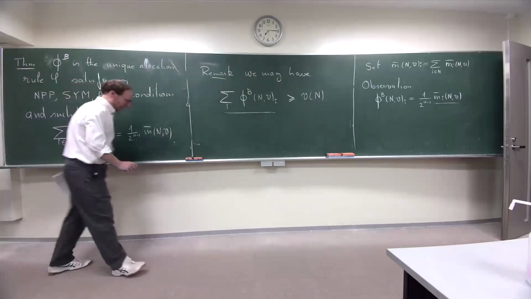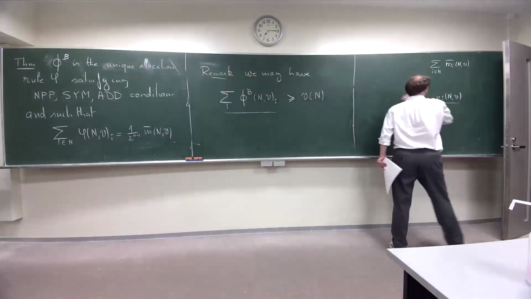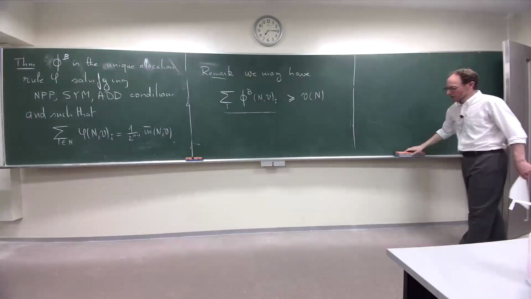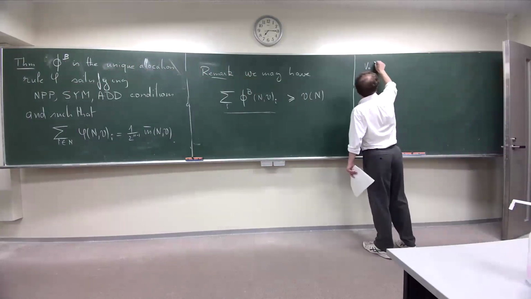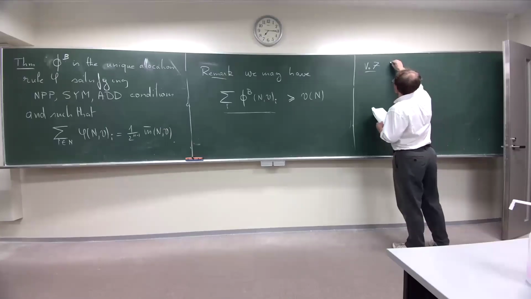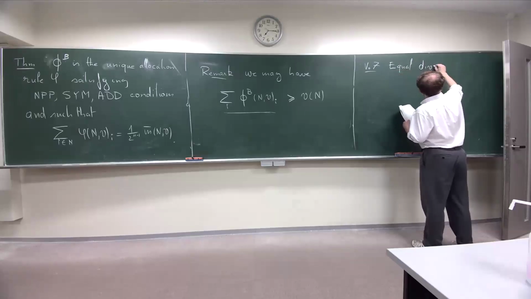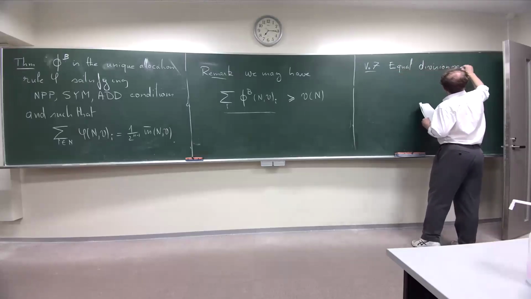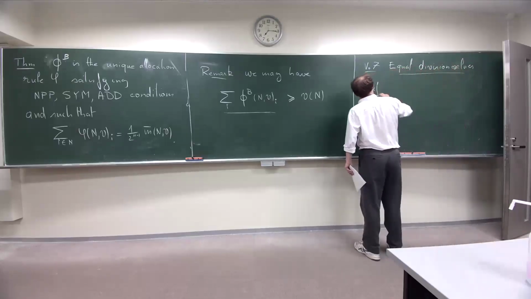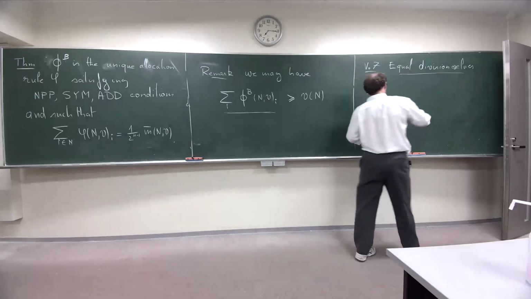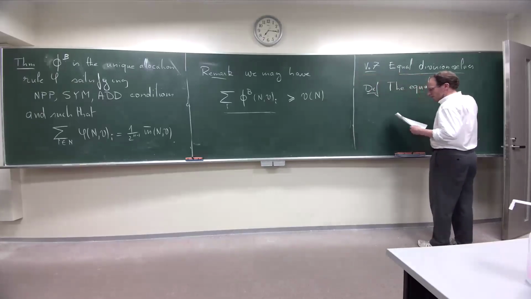Now, as I said, I'm going to give two much simpler rules. Do you have any question? The two simpler ones, which are probably the most used ones, are called equal division values. I directly start with the definition. The first one is the equal division value.